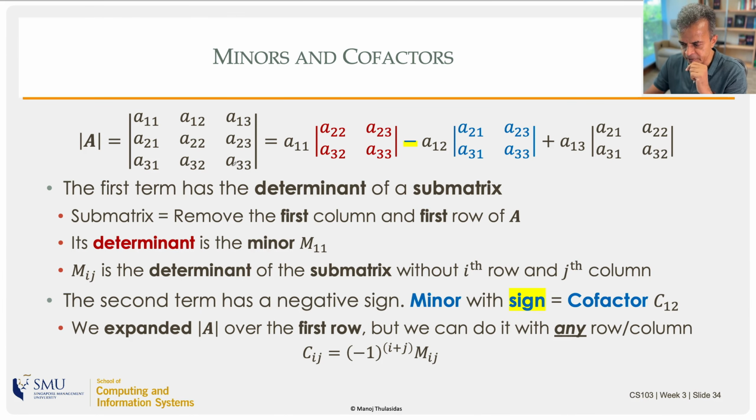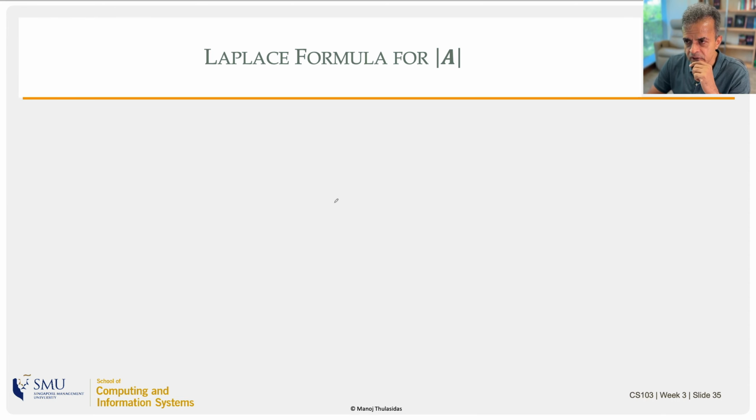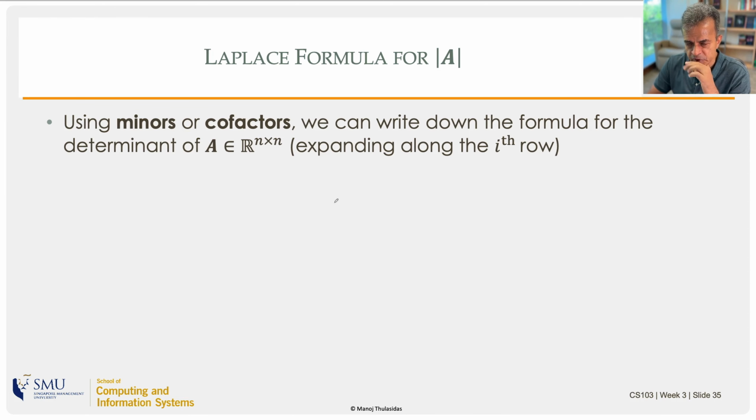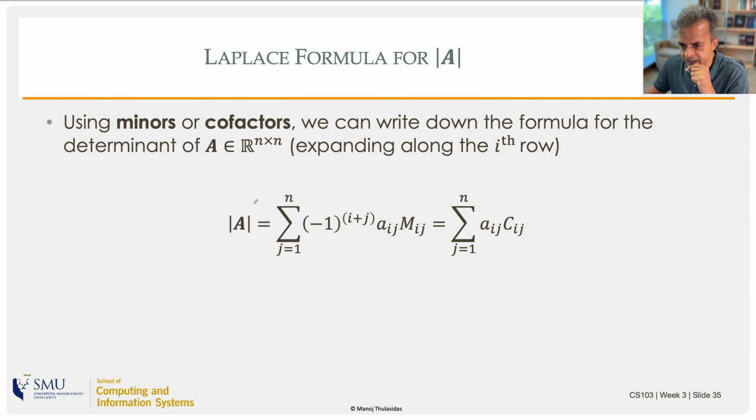So that's the idea. This expansion is called the Laplace formula for the determinant. It uses the minors and cofactors. You can write it down as a formula. It's a compact formula. It's not very complicated as a mathematical formula. It just says that the determinant of A, of an n by n matrix this time, is the sum of minus 1 to the power i plus j, Aij times its minor. So minus 1 to the power row number plus column number.